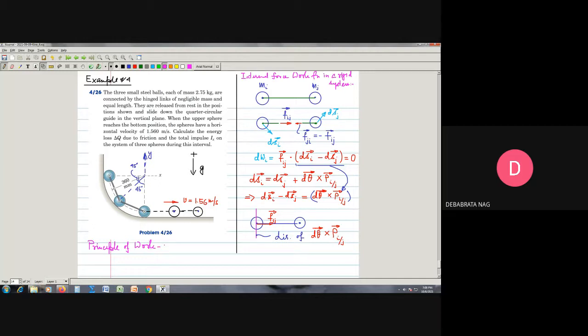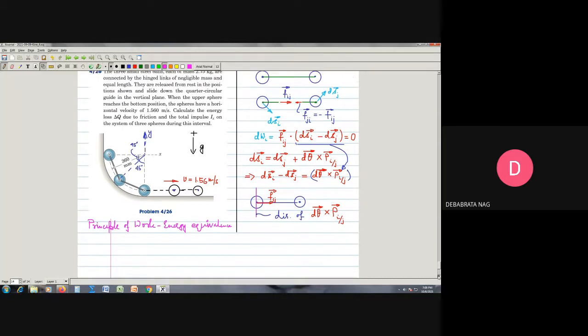We will show you this problem as an application of the work energy equivalence principle when it is applied, instead of to a single particle, to a group of particles. So we can use this equation.